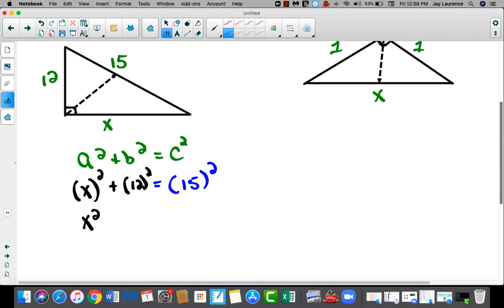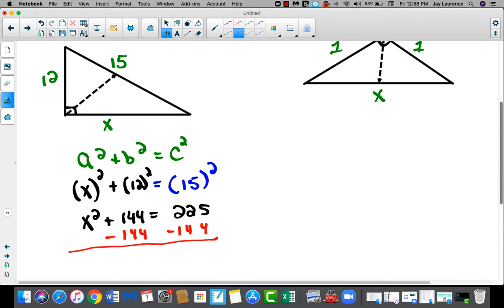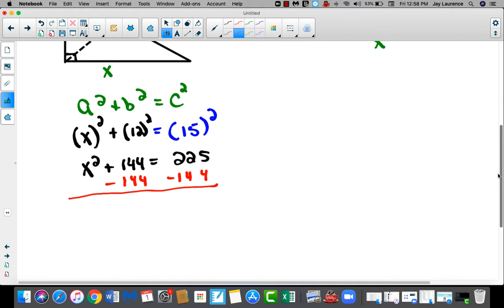So I'm going to have x squared plus 144, and that's going to equal 225. Okay? This formula says that if you square the two legs and add them together, it'll equal the square of the hypotenuse, the longest side. This only works for right triangles. So I'm going to subtract 144 from both sides, because I'm just using my equation solving skills to get x squared alone.